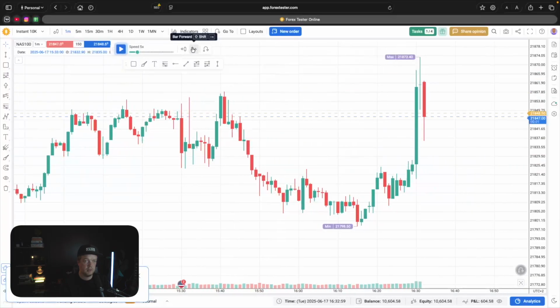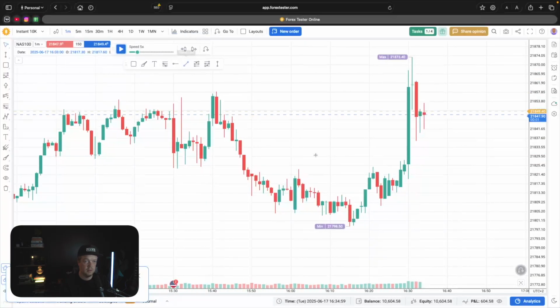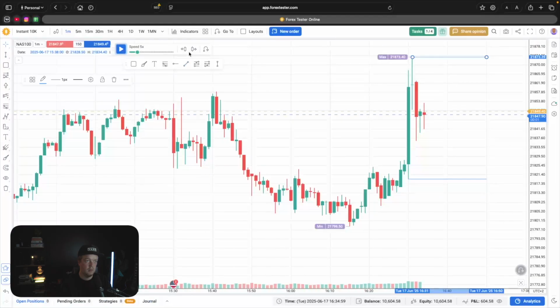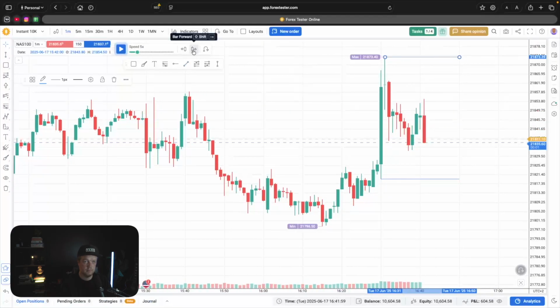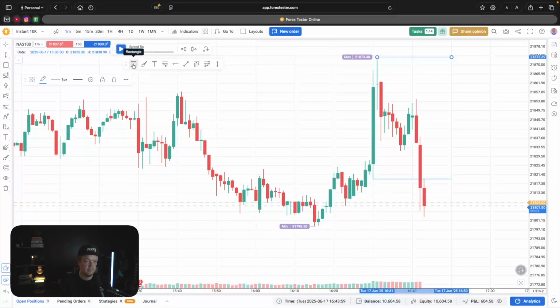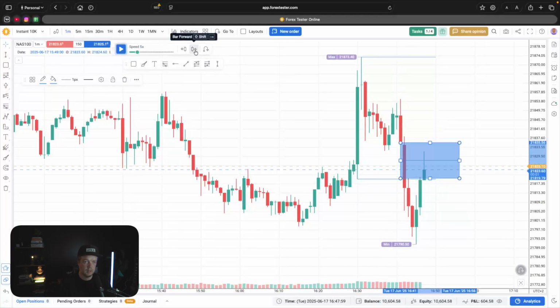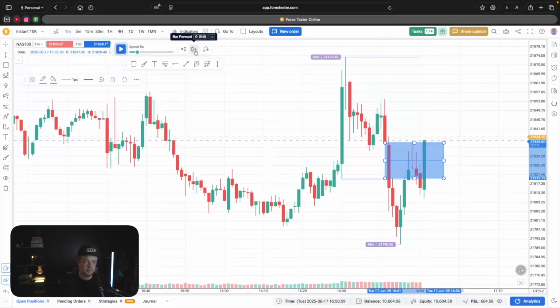1, 2, 3, 4, 5. There's our fair value gap. There we got a close below.